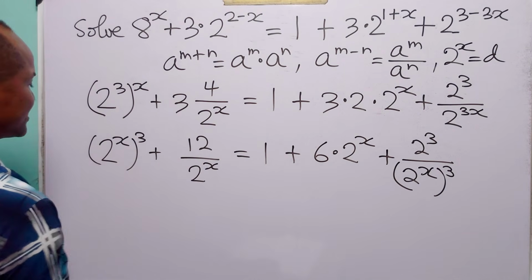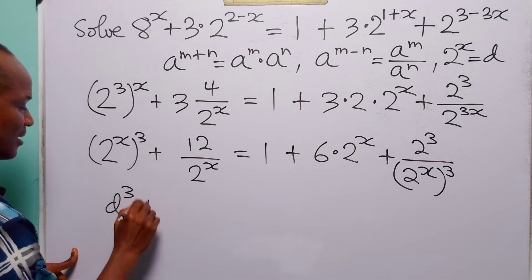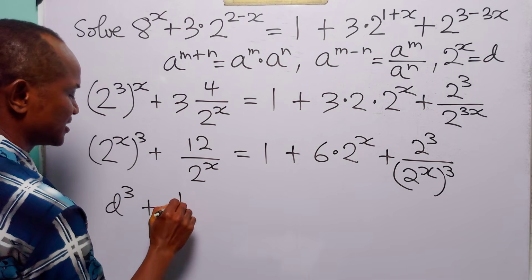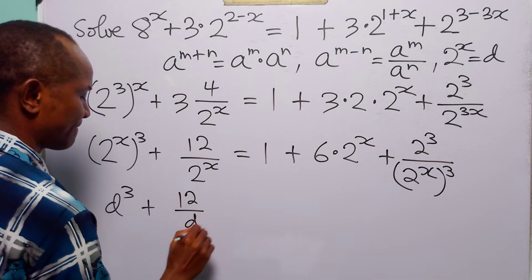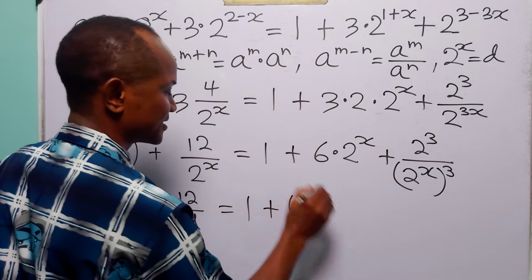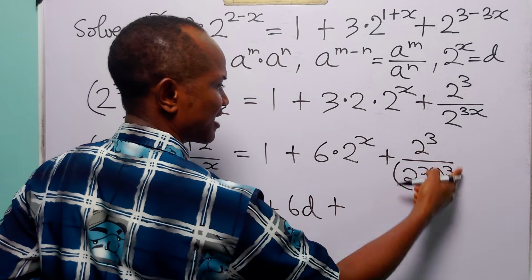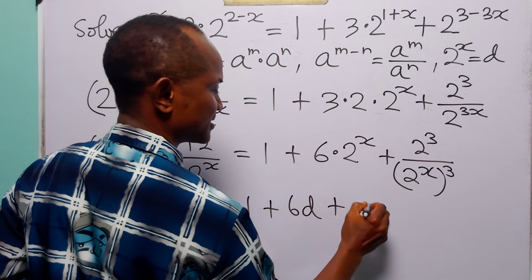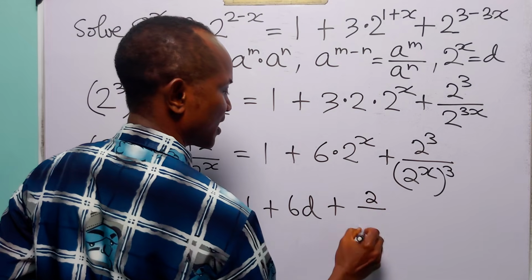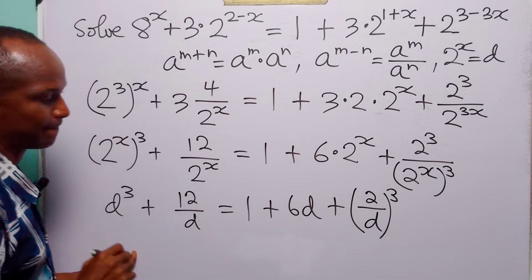Now we can write this equation as d cubed plus 12 over d is equal to 1 plus 6d plus. Now, since these two numbers have the same power, we can write this as 2 over d to the power 3.